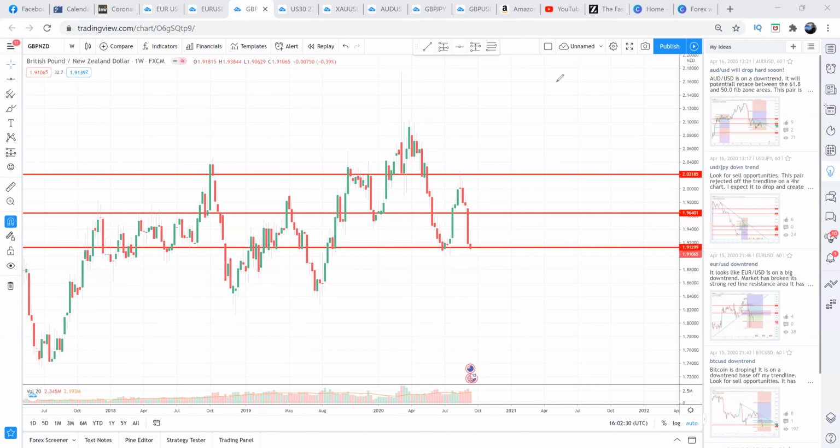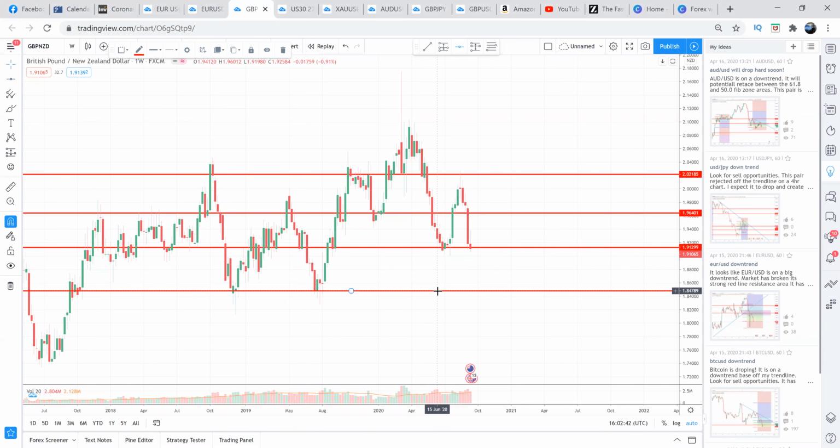But then you also want to identify future areas of support and resistance. So for example, over here, this will be an area of potential support. You want to buy at support. So this area is areas where you can buy at, based off past results.